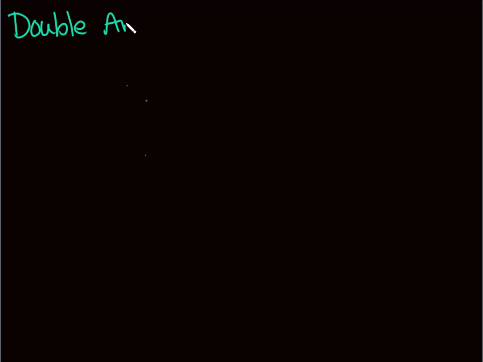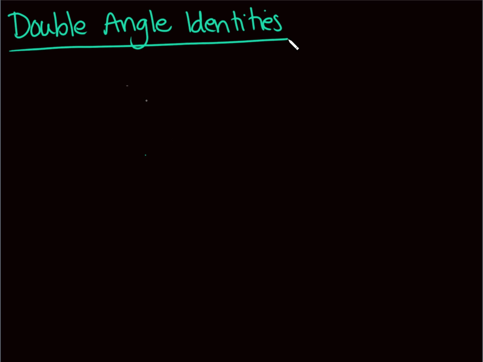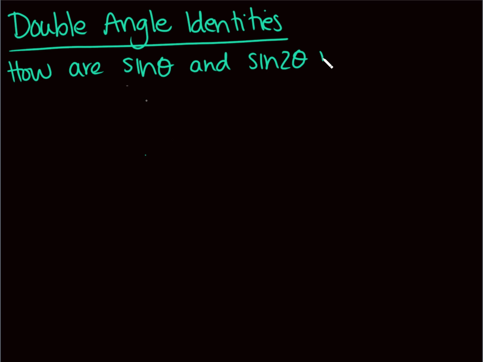What happens? Is there a way, if I know the sine of theta, how are sine of theta and sine of 2 theta related?